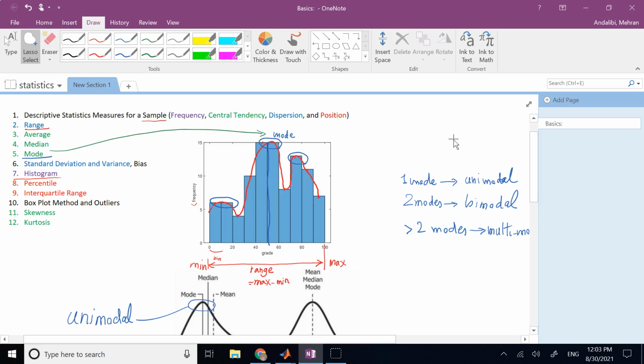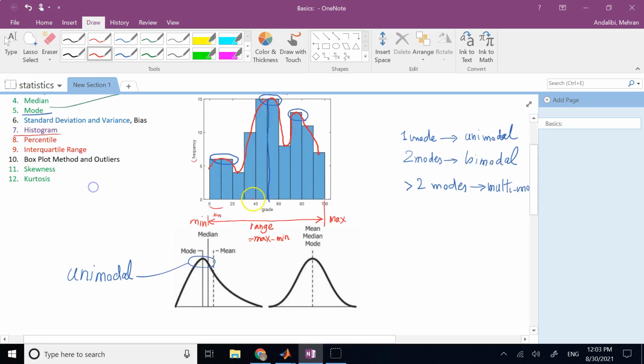What else do we have? We have average and median. Average is like the center of gravity of the data, the center of mass of the data, while median means the center point of the data. Well, what's the difference? The difference is this.